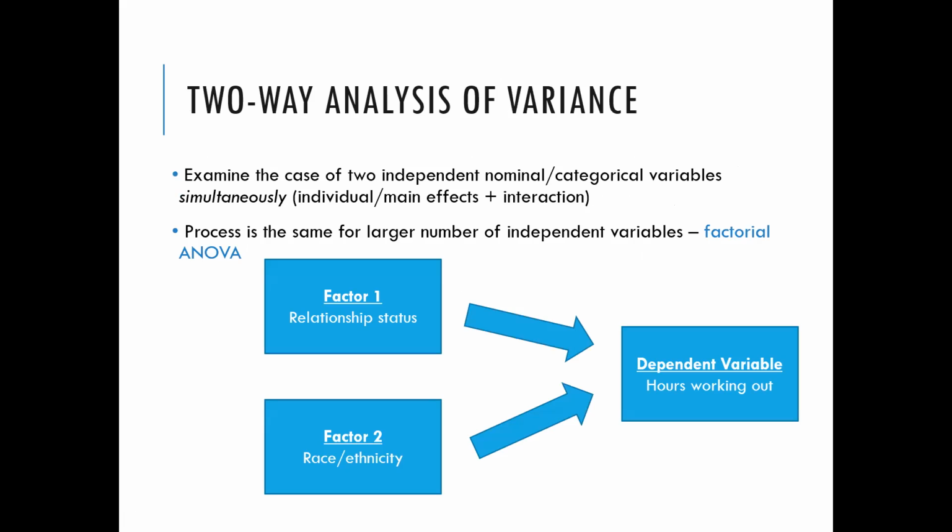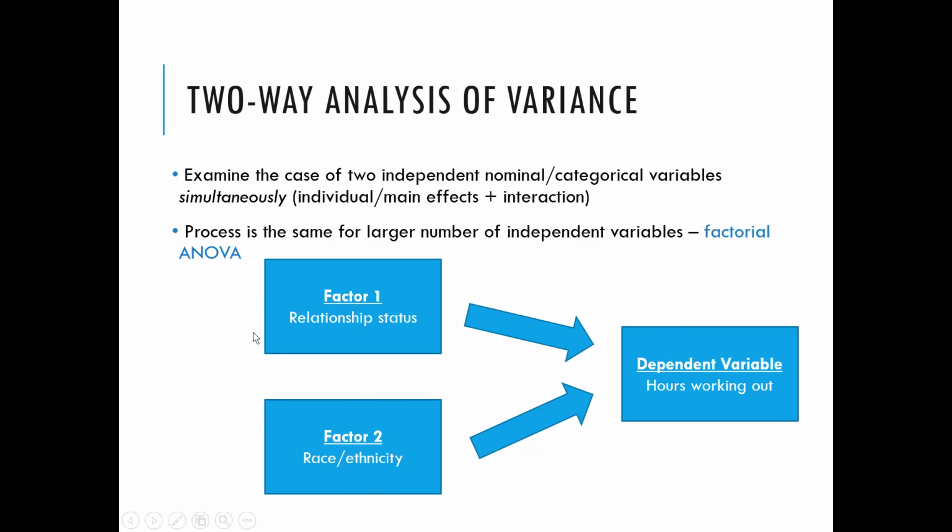So the two-way analysis of variance, because we have 2 independent categorical variables, enables us to look at both the independent relationship between each of those variables and our outcome. So in this case, relationship status, that's our factor 1, and our dependent variable, hours of working out, as well as our second variable, race, ethnicity, against our outcome, and as well as the combination of these 2.